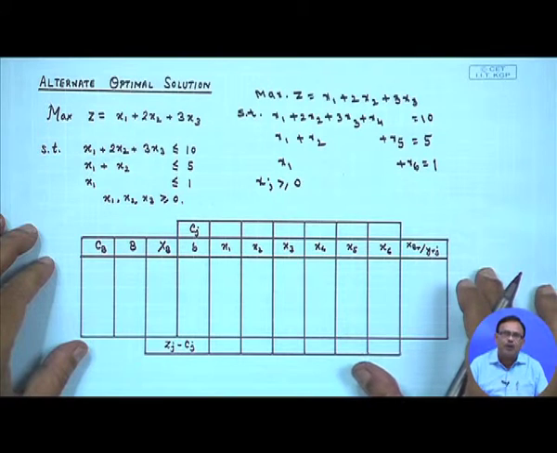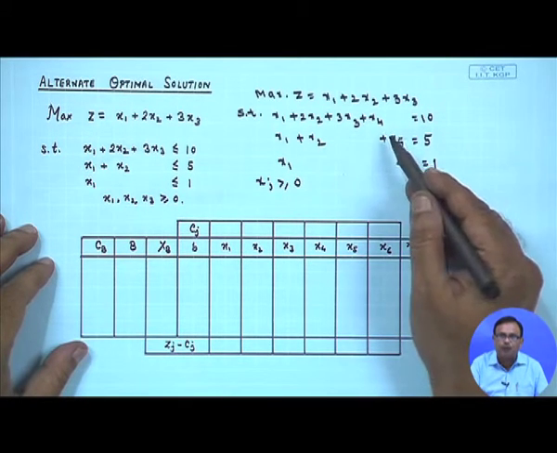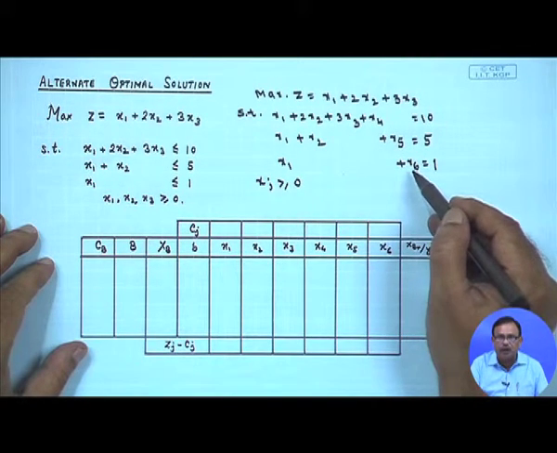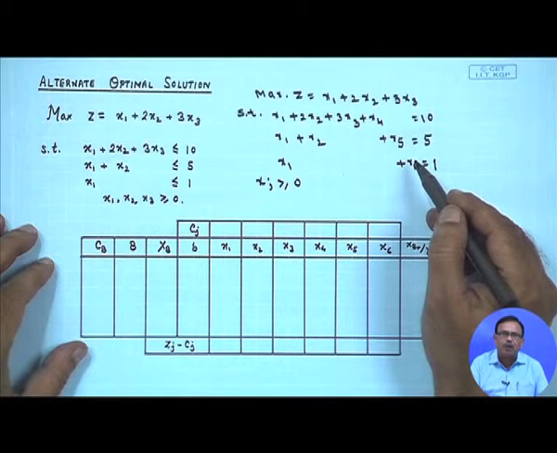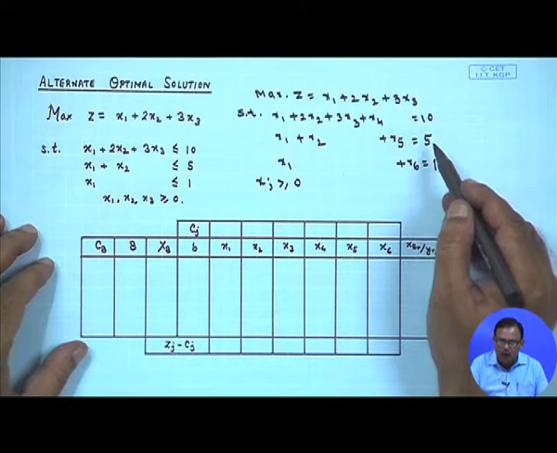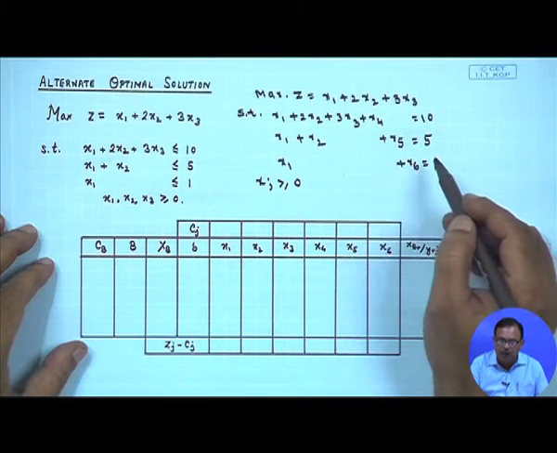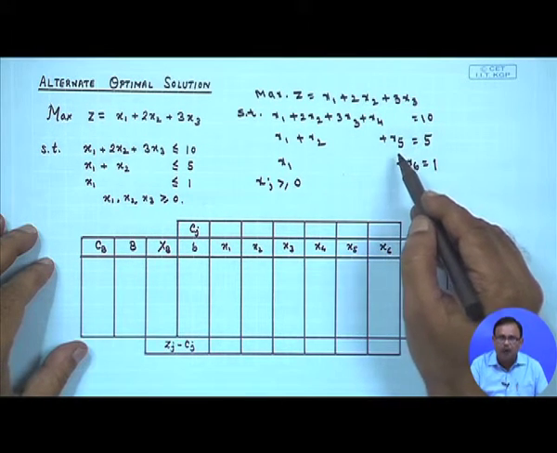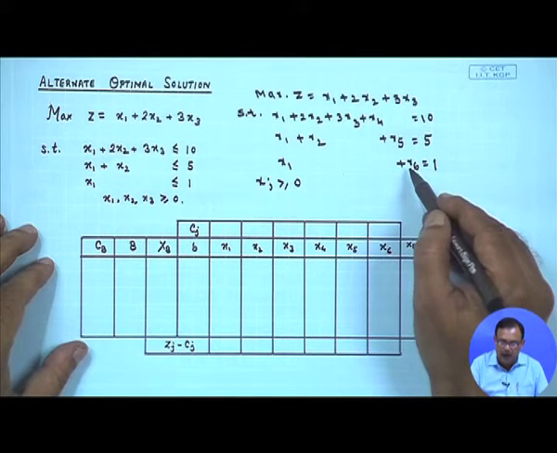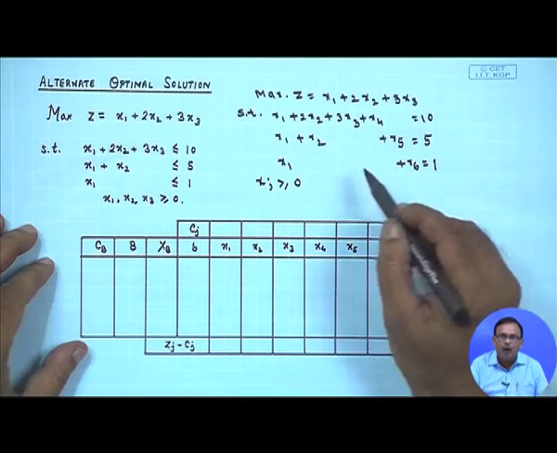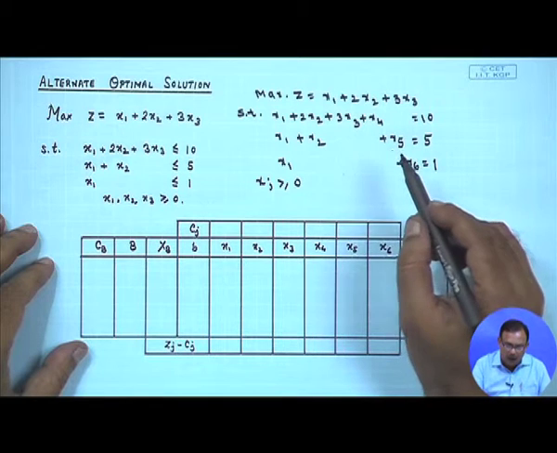So at first you are introducing 3 slack variables x4, x5 and x6, making the less than or equal to type inequalities into equalities, so that your initial basis will be x4 equals 10, x5 equals 5 and x6 equals 1, where x1, x2, x3 are 0.